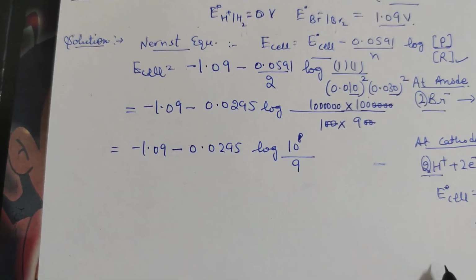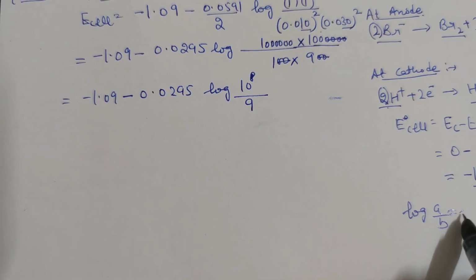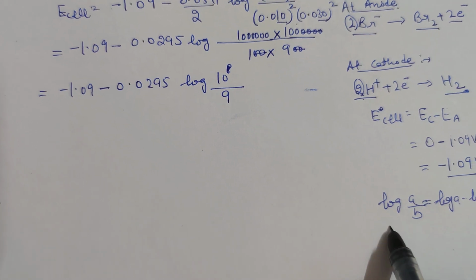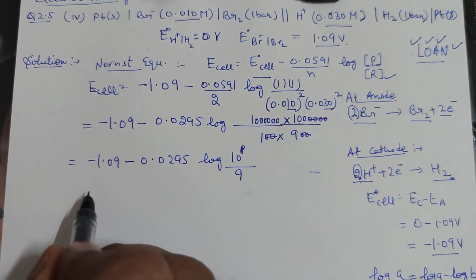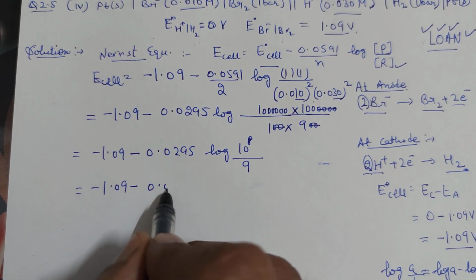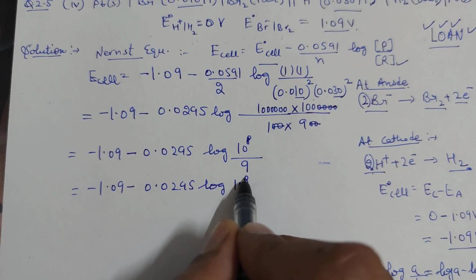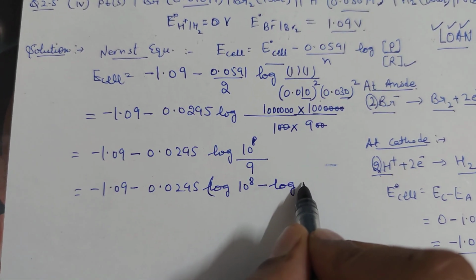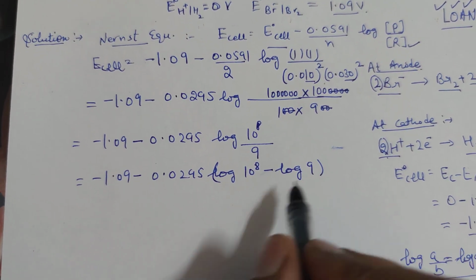So now here we will apply one formula, that is log A upon B is always equal to log A minus log B. Now we will fill this value over here using this formula: log 10 raised to the power 8 minus log 9. Now after this how to solve it?